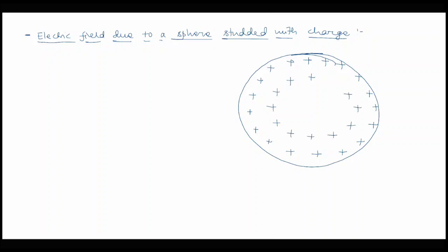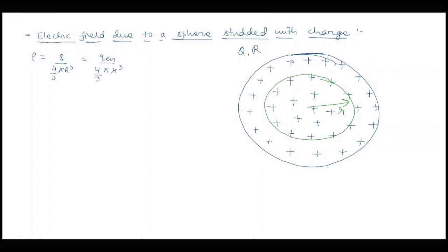So at any point inside the sphere, at a distance small r, we are considering that the total charge on the sphere is capital Q and the radius is capital R. If we consider a Gaussian surface inside at a distance small r, I can calculate the charge enclosed this way: rho equals capital Q upon 4 by 3 pi R cube, which is equal to Q enclosed upon 4 by 3 pi small r cube.